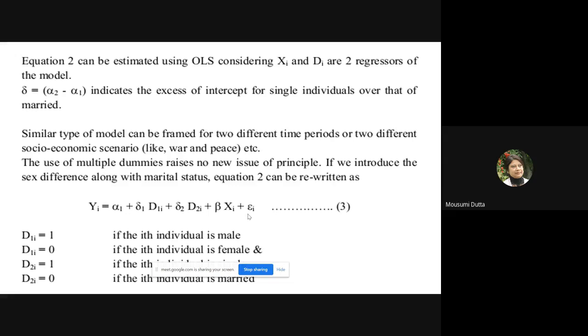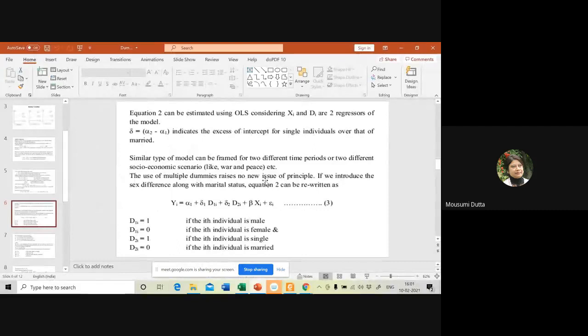So if you look at this equation, d1i is equal to 1 means the intercept is alpha 1 plus delta 1. In that case, if I consider d2i to be equal to 1, the intercept will be alpha 1 plus delta 1 plus delta 2.